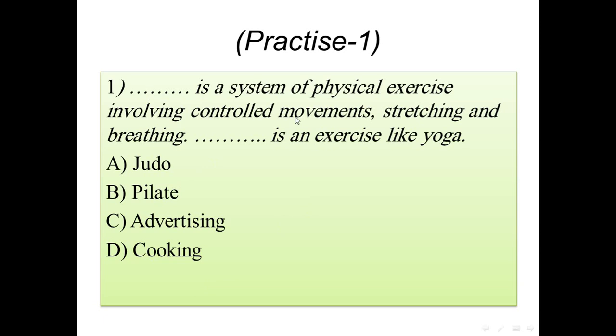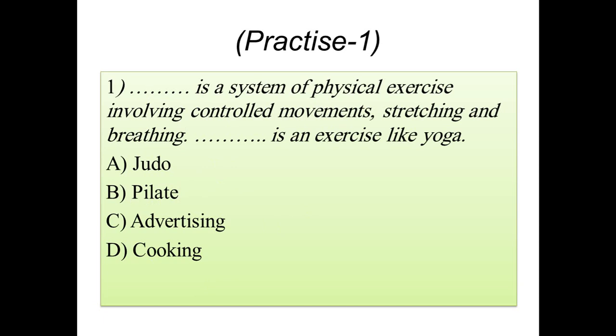Let's analyze the sentence. The right vocabulary for this practice is Pilates. As we said, Pilates is a kind of exercise. So here it says a system of physical exercise. When it says physical exercise, it means you do it anywhere you like.